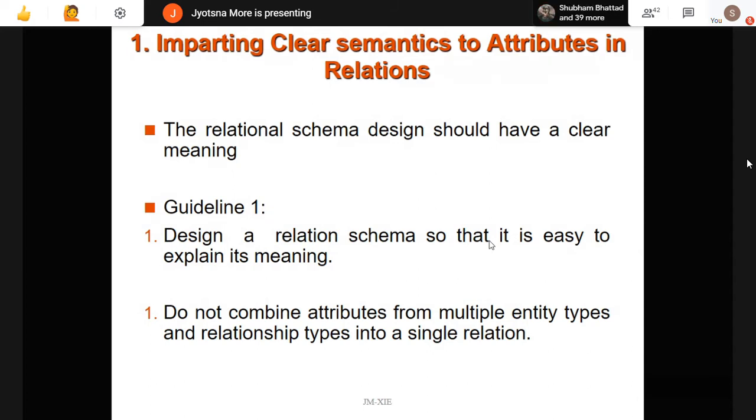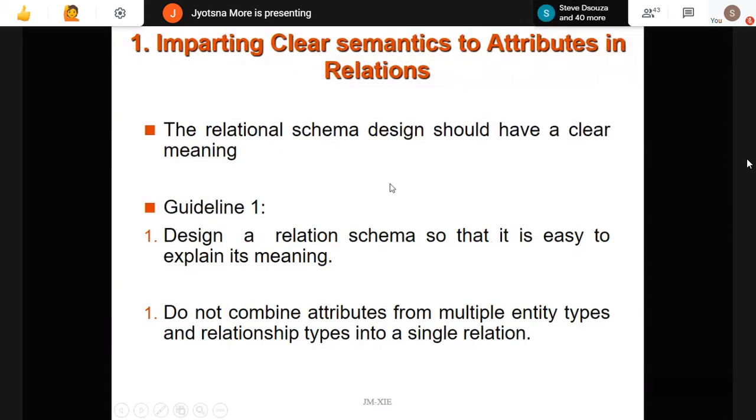By reading the name of the attribute, I will come to know what exact information this particular column or field has to store. So while giving the attribute name, see to it that it is given properly, so that it gives me the exact meaning which I require for my attribute or for my relation.